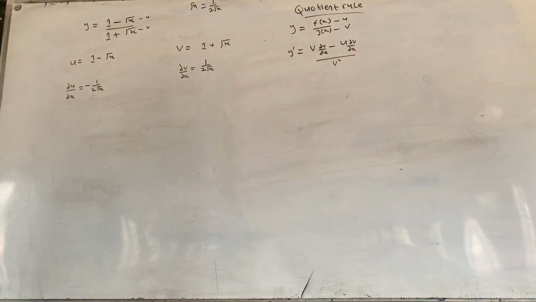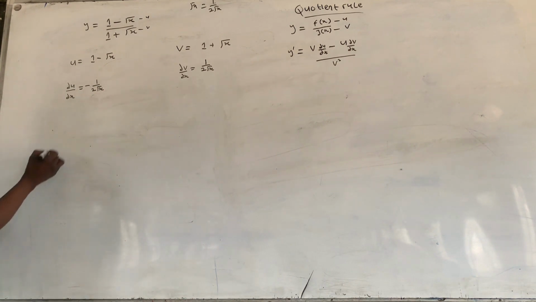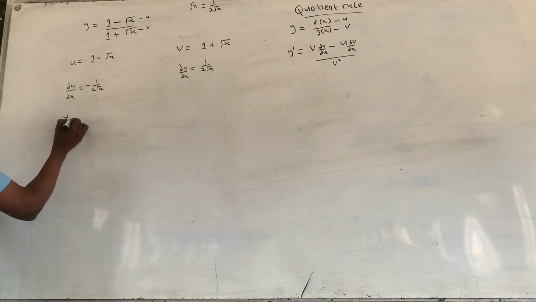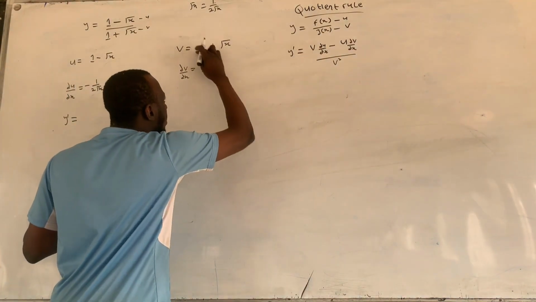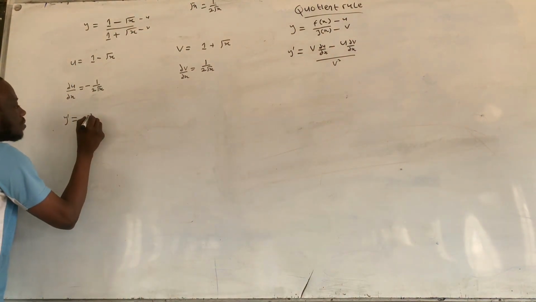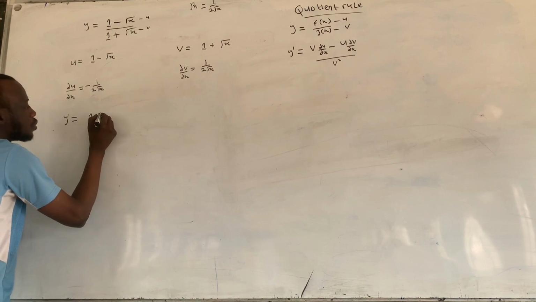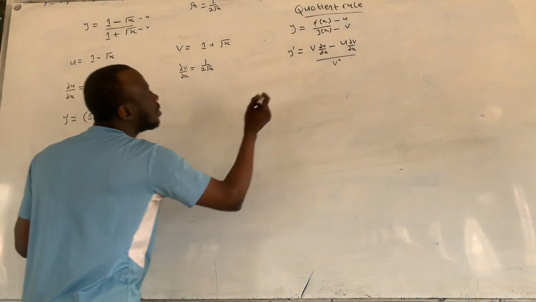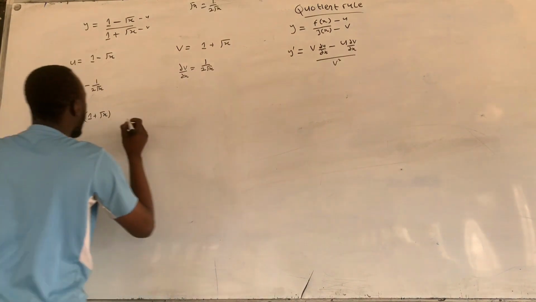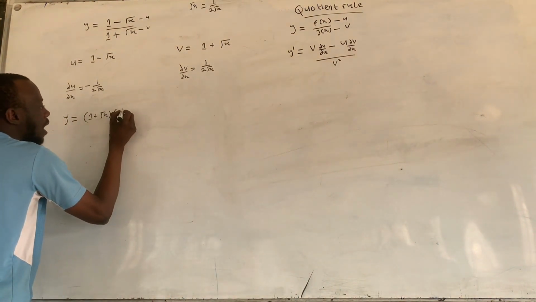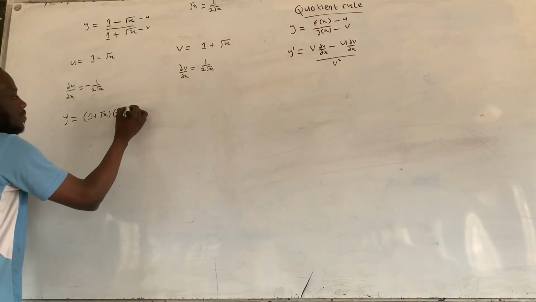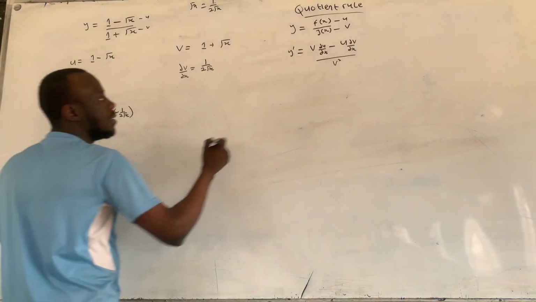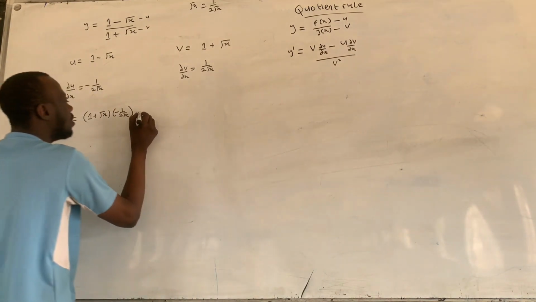So now we apply our formula which says that y prime is equal to our v, which is 1 plus root x, times this bracket minus 1 over 2 root x. Here we have a minus sign.